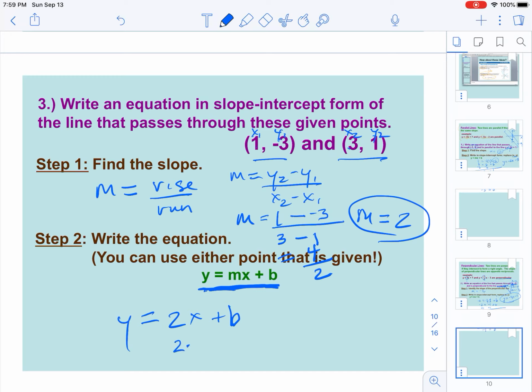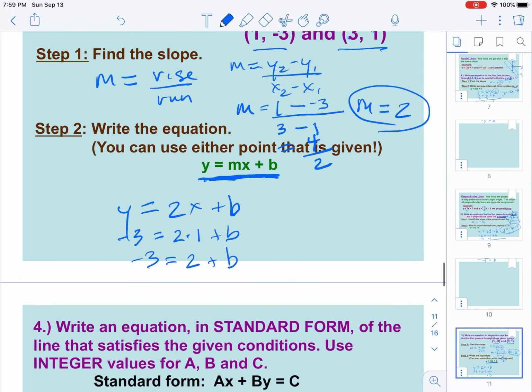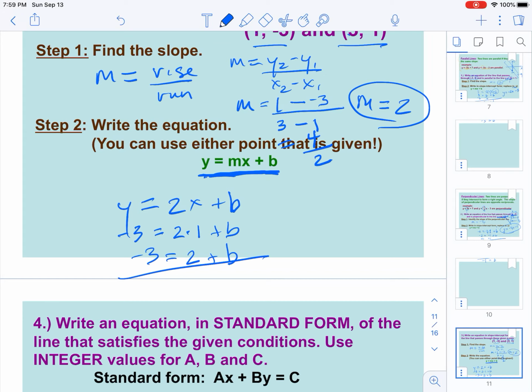So I know this is going to be 2 times 1 equals that negative 3 plus b. So then this ends up with b plus 2 times 1 is 2 equals negative 3. When I subtract 2 over here, it looks like b is going to be equal to negative 5.